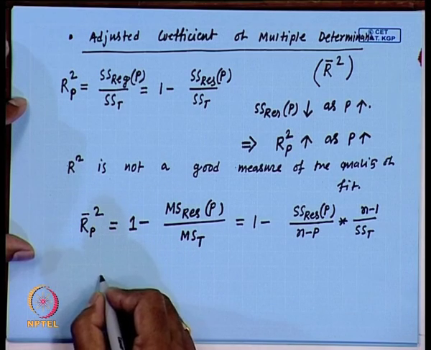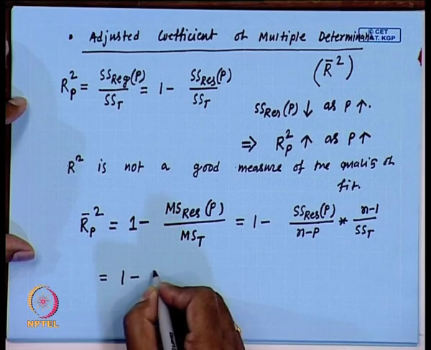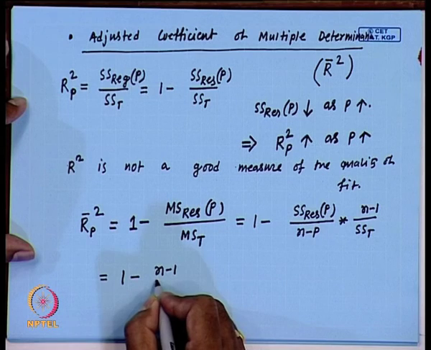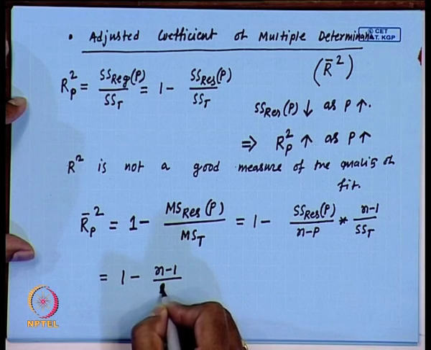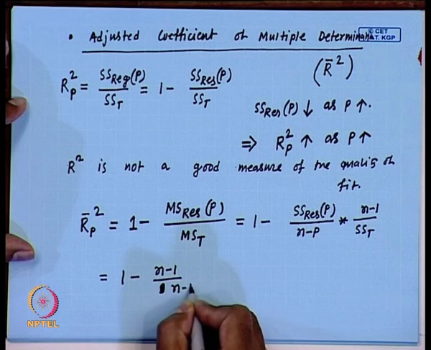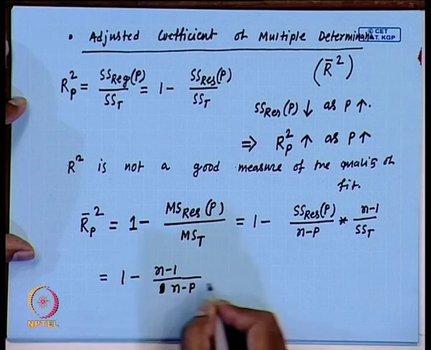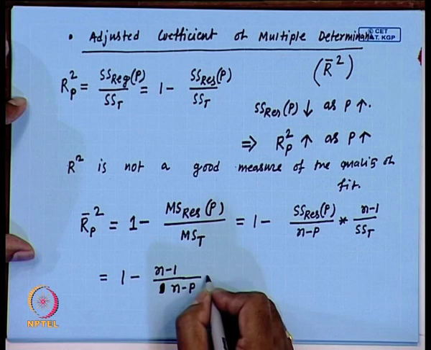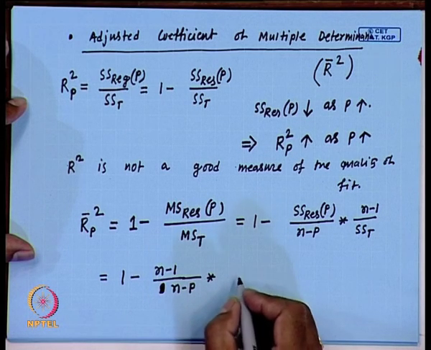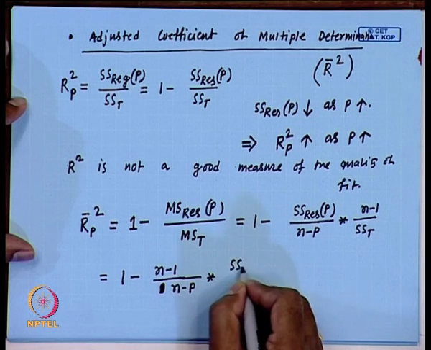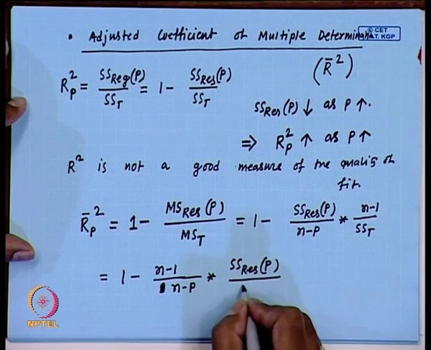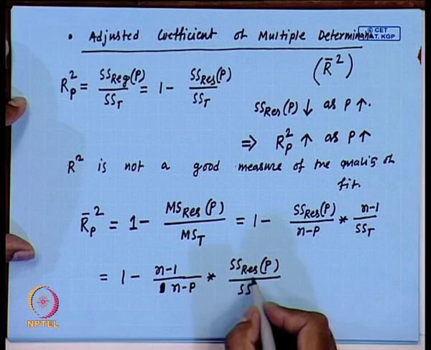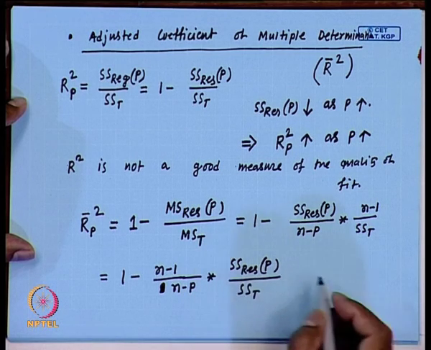So, this is equal to 1 minus n minus 1 by n minus p into SS residual p by SST, and this one is nothing but 1 minus R square.